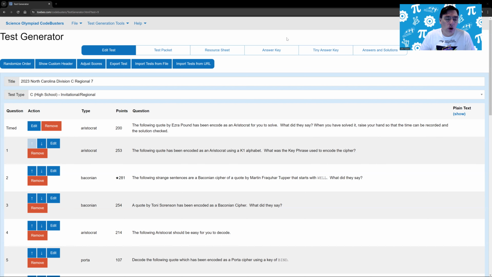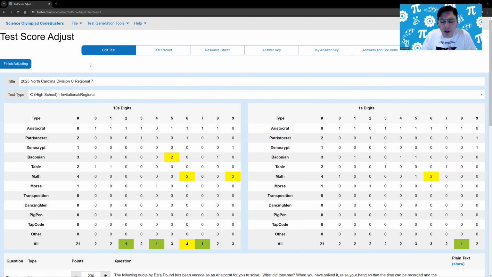To do this, you go into your test, and there's this nice button called Adjust Scores. You bring it up and it gives you maybe a bewildering set of numbers, but really what you're looking for is the ones that are colored yellow. What the yellow means is there's more than the fair share of ciphers that have either the same tens digit or the same ones digit.